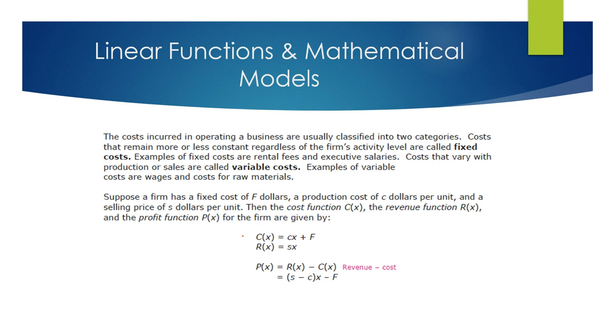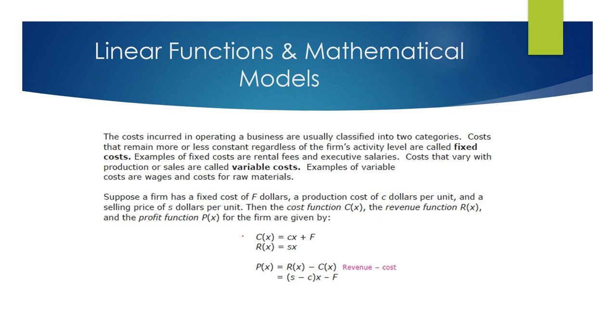Then there are costs for bringing materials in to build or make whatever it is you're making. Those are variable, because if you make less, then you don't need as much of that, so you're spending less on it. Those are variable costs, and that's usually based off of the cost of materials and things like that.